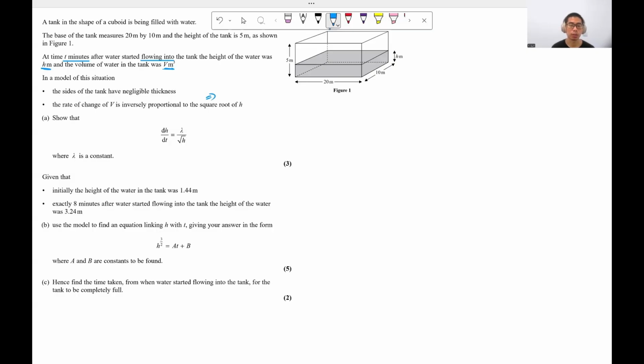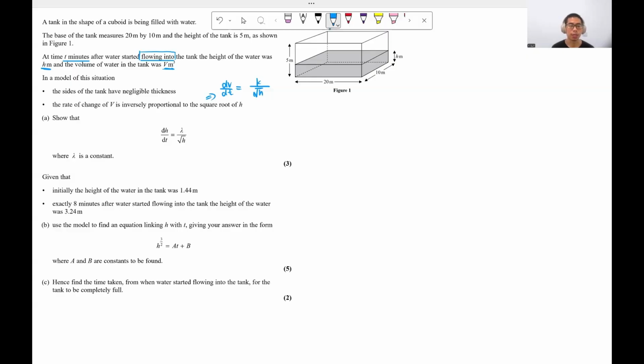So we can write dV/dt equals some constant over root h. And because it's water flowing into the tank, it's increasing, so it's positive.